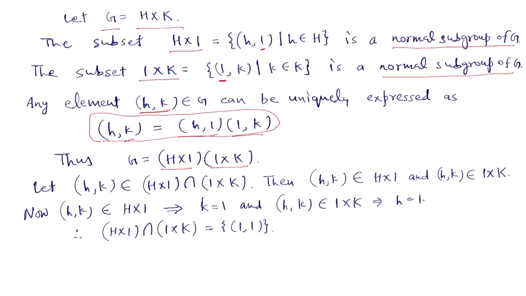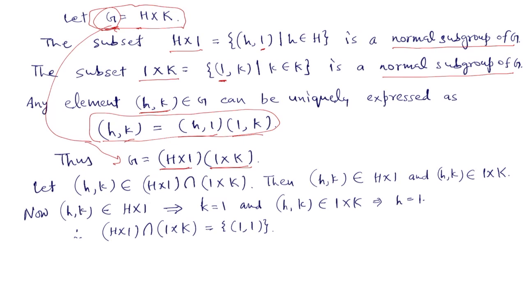So starting with two groups H and K, we defined their product H cross K and we obtained a new group G. And starting with G now, we have decomposed G into two groups, one is H cross 1 and the other one is 1 cross K. So this is a kind of reverse process.